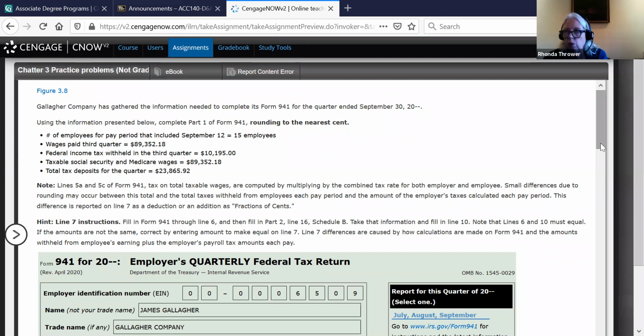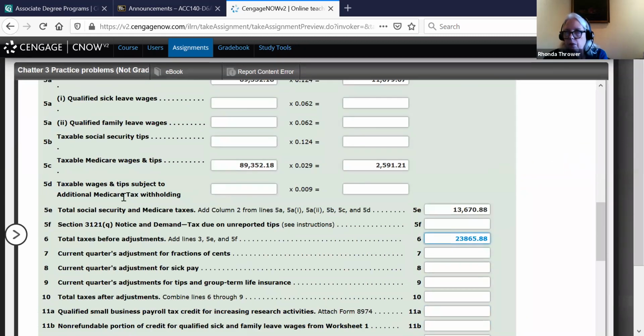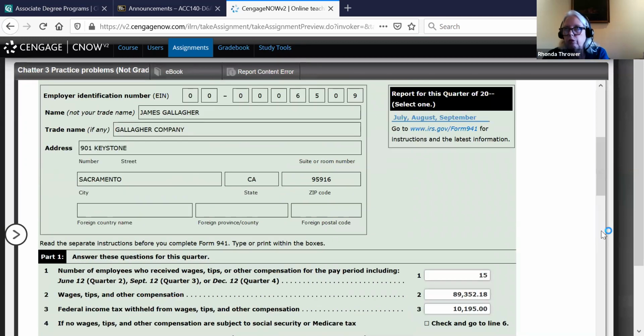So to find out what line 7 is, which is the current quarter's adjustment for fractions of cents, we've got to figure out what this is. We can't just go back and multiply to find it. But what you are going to do is look at your instructions closely. Line 10 is what I would suggest you go to first. Let's see which one they told us to go to.